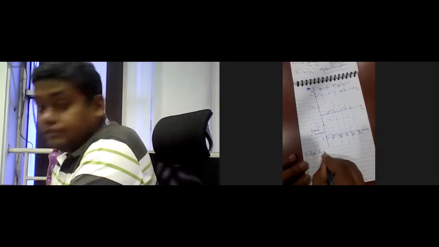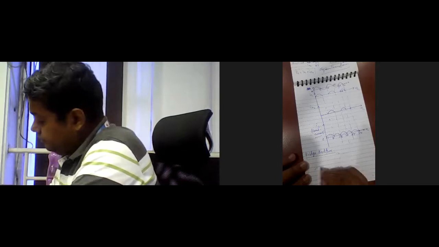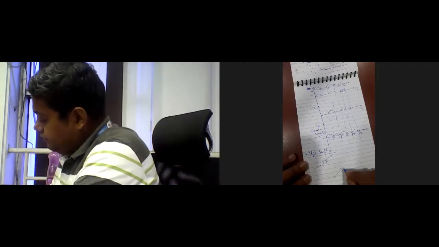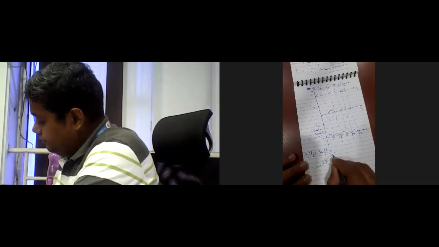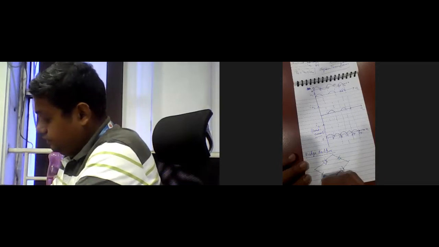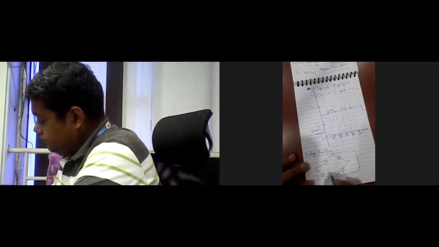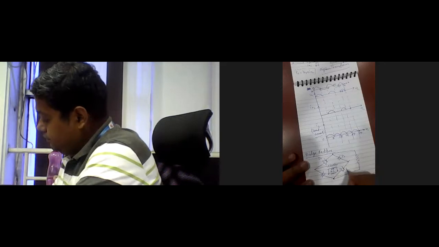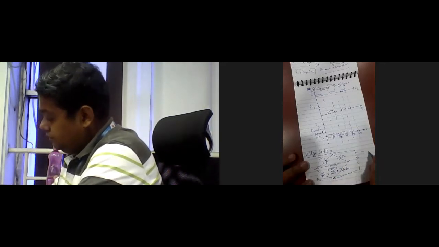Similarly, if we draw the bridge rectifier, so this is the bridge rectifier circuit.